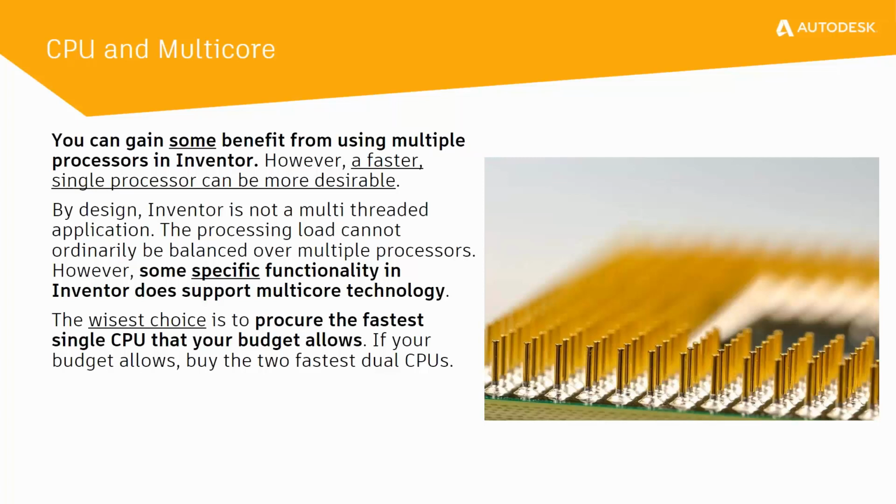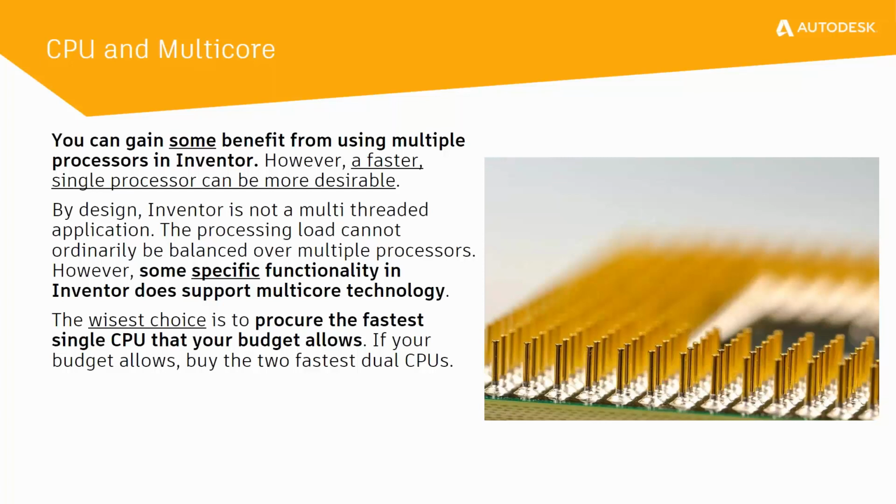Now let's have a look at some of the influence of individual areas of this process on our performance when working with large assemblies. You can gain some benefit from using multiple processes inside of Inventor, but the reality is that having a single processor can be more desirable than having potentially slower multiple processors.